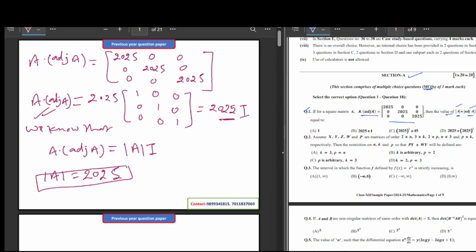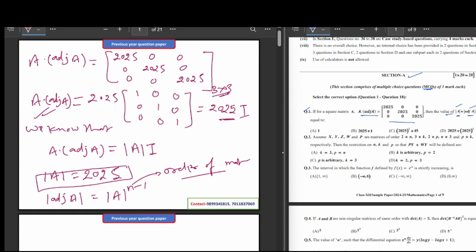For this, we know the determinant of adjoint A is equal to determinant of A raised to the power n minus 1. This matrix is basically a 3 cross 3 matrix, where n is the order of the given matrix.